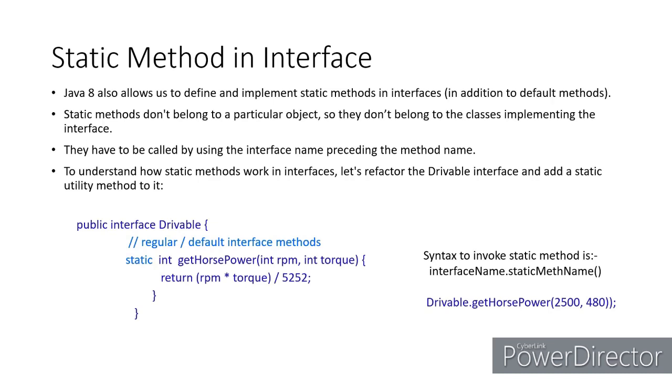If I don't want to do that, I would have to create another separate utility class, write this method in that utility class, and then make my class Car or class Bus inherit that utility class. In short, I would have to do some extra coding, unnecessarily create some class to have the same method, or implement it again and again in the implementation classes.